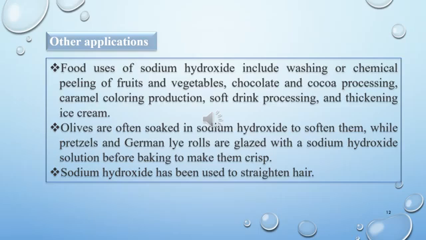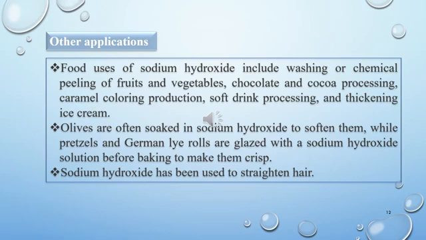Now, there are some other applications of sodium hydroxide. Food uses of sodium hydroxide include washing or chemical peeling of fruits and vegetables, chocolate and cocoa processing, caramel coloring production, soft drink processing, and thickening ice cream.